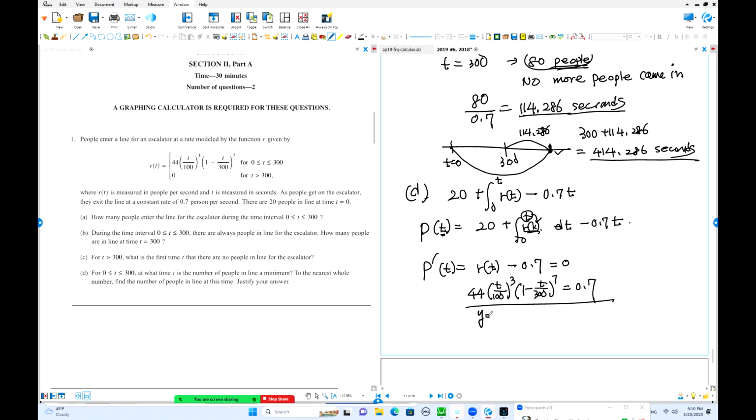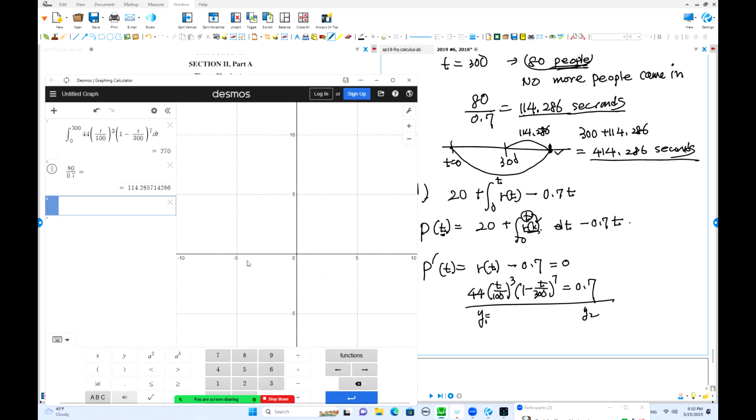So this is y1, this is y2, okay? So y1 equals 44, we did already up here, okay? I'm going to just copy. That's the graph. But this is a times t, right?